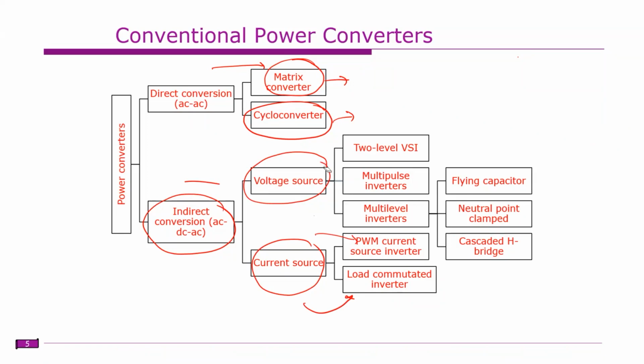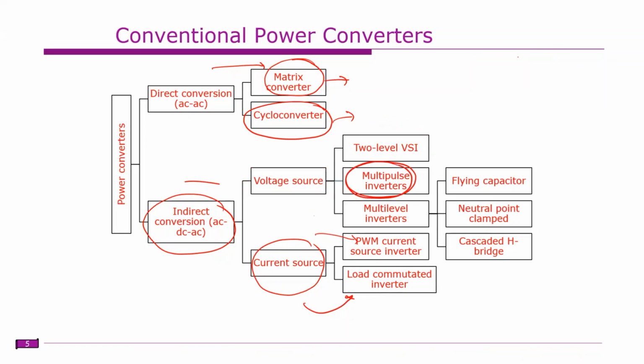In case of the voltage source approach, we have several options. One is the two-level inverter, which is what we studied in previous classes, the two-level voltage source inverter. The next option is multipulse inverters, which are an extension of two-level inverters. By combining multiple two-level inverters, we can obtain a multipulse output.